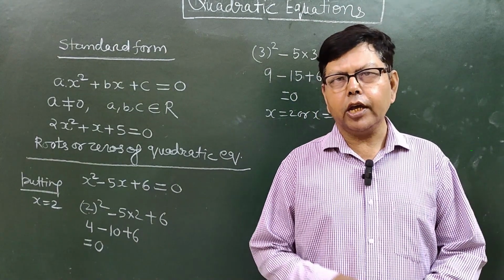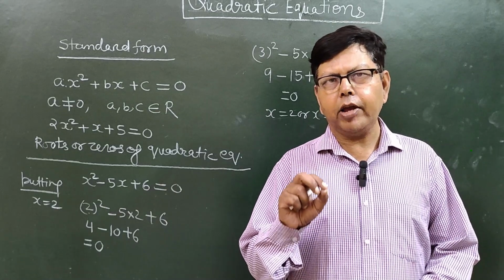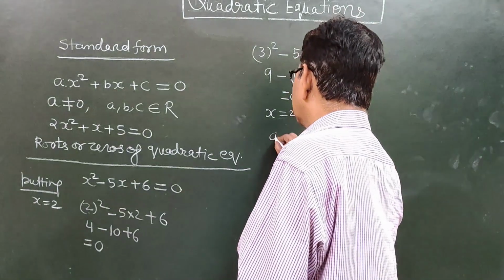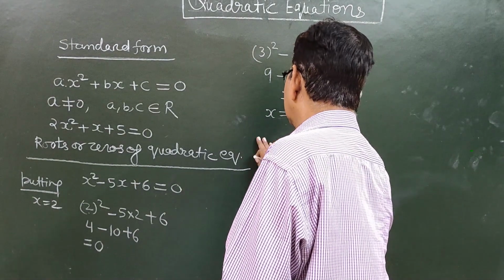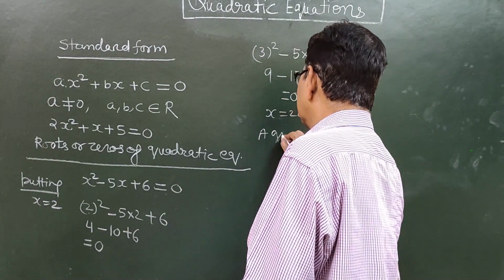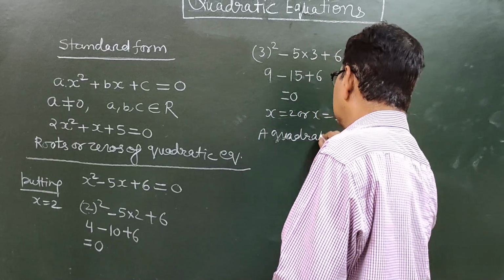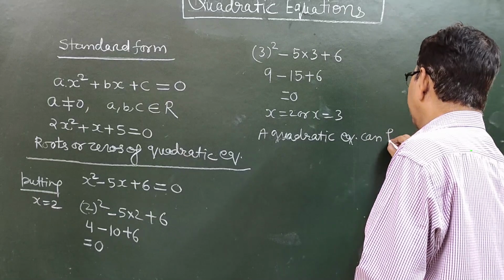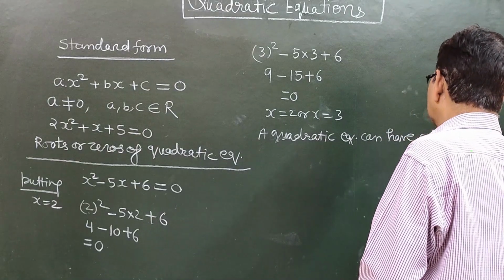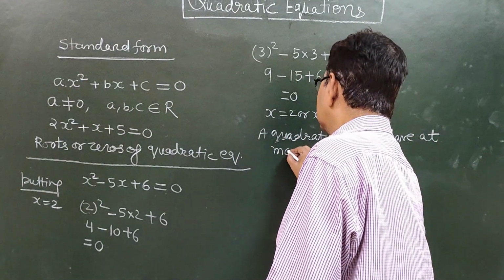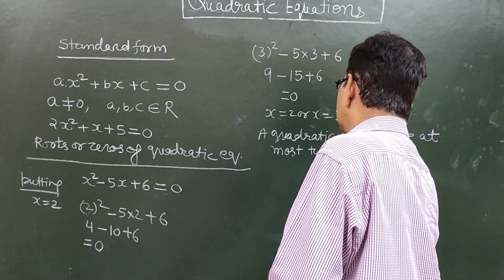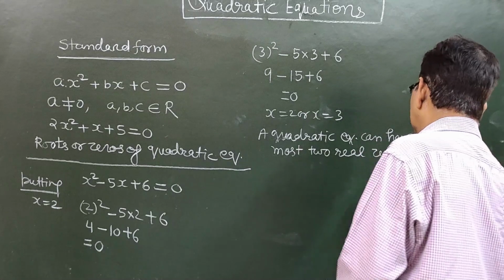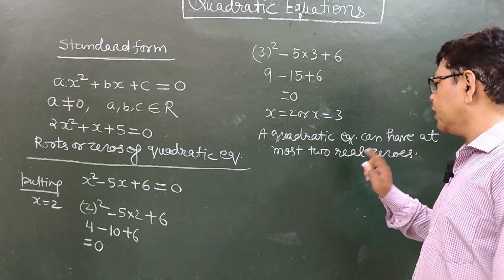Now, a quadratic equation can have at most two real zeros. Why are we using the words at most?